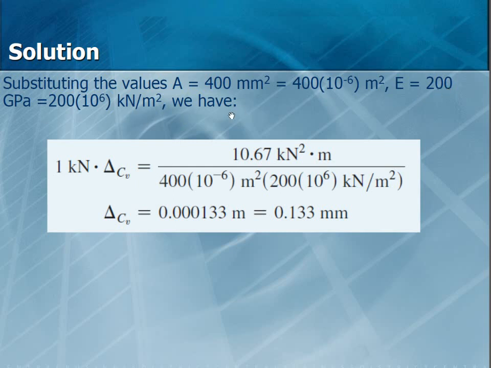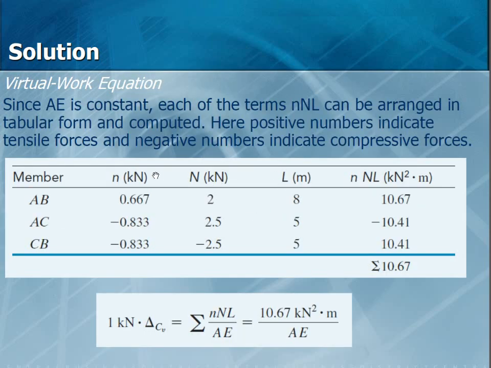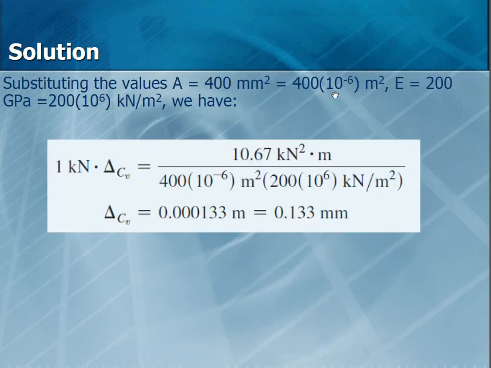Changing the units, since we used kilonewton, millimeter changes to meter and E is 200 kilonewton per meter squared. The unit conversion can be done in other ways. The idea is to calculate the vertical deflection for joint C, which comes to 0.133 millimeter.